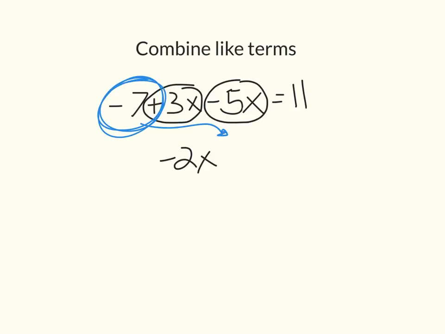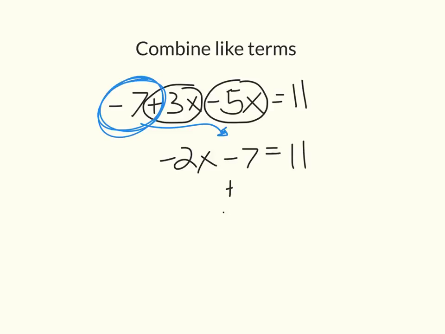That negative 7 is just going to come right at the very end. So I'm going to have negative 2x minus 7. There's nothing to combine the minus 7 with, so it just can come straight down. Equals 11. Notice that I put things in order, everything with a letter first, and then things without a letter last. And from there, I can solve it using my normal equation strategies.